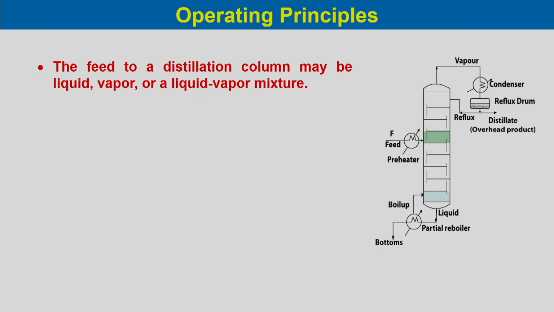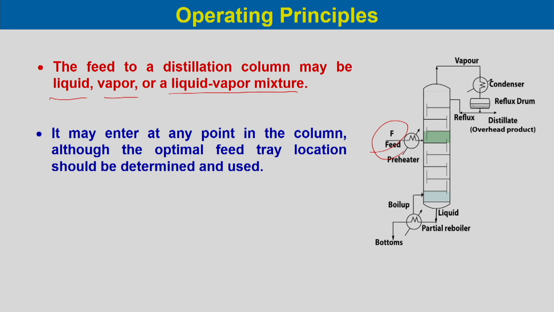The feed to a distillation column may be liquid, vapor or a liquid vapor mixture. So, any kind of feed you can use over here, either a liquid or a vapor or a vapor liquid mixture. It may enter at any point in the column, although the optimal feed tray location should be determined and used.